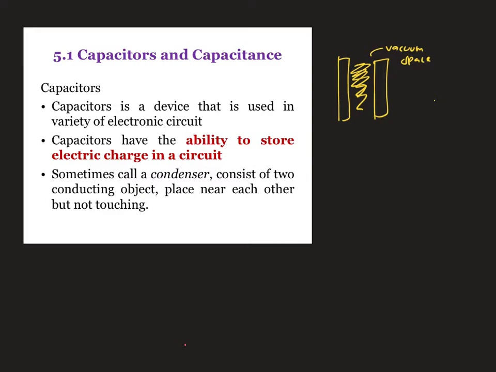The reason is because we want to increase the capacitance. That one we are going to discuss: the relationship between the distance between the two conductors and its effect on the capacitance.